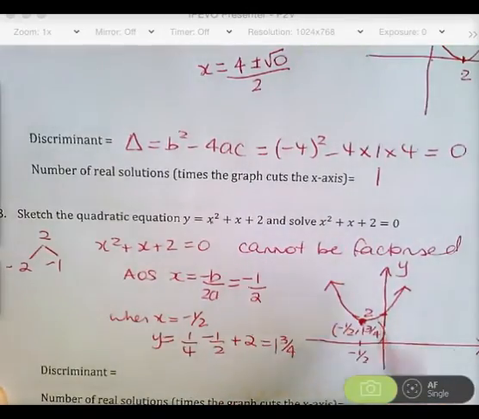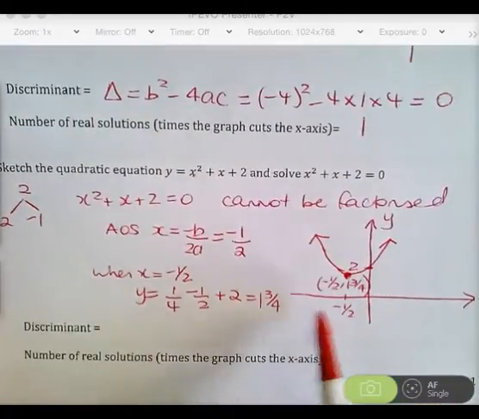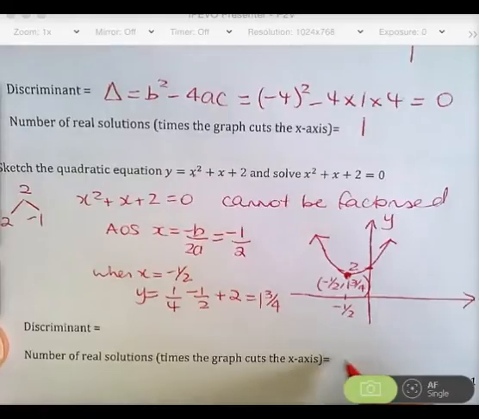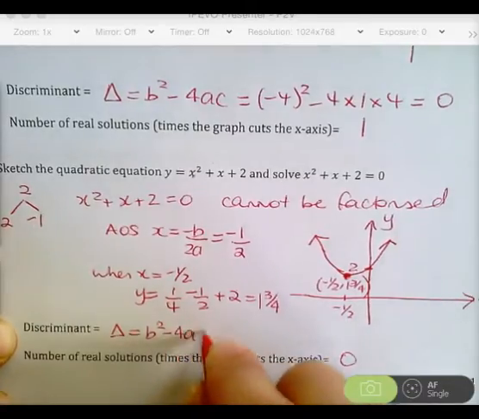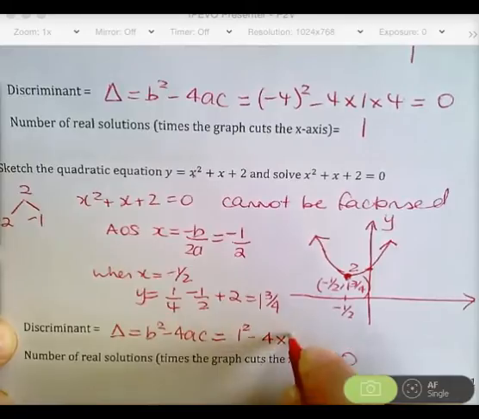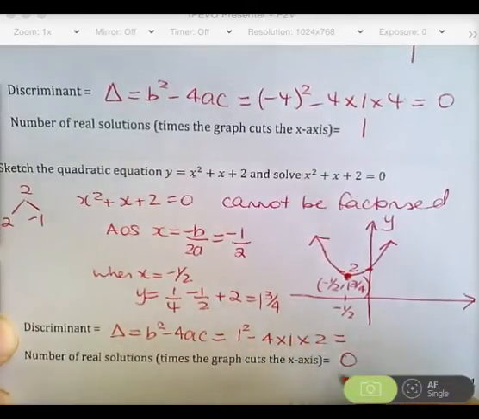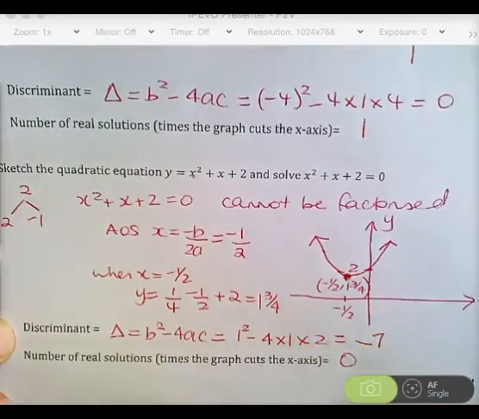We can see that there are no real roots. The number of real solutions, the number of times that the graph cuts the x-axis, is 0. Let's see why. The discriminant, b squared minus 4ac, is 1 squared minus 4 times 1 times 2, which is negative 7.